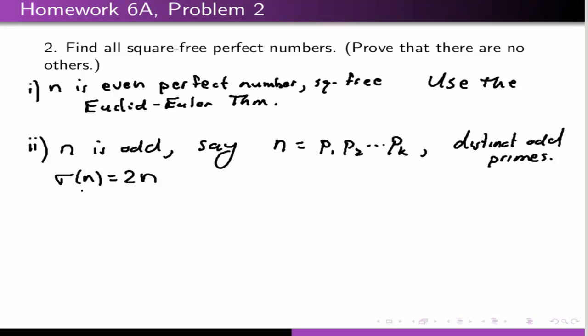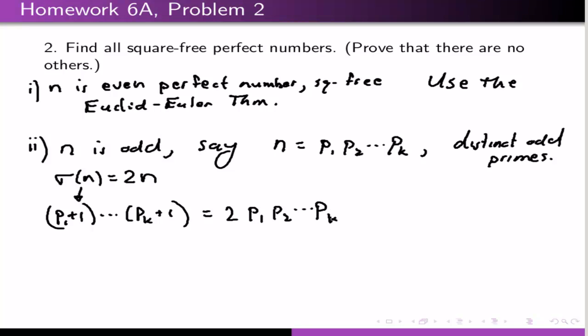So sigma of n, show that that is equal to this, and then n itself is just p1, p2, pk, and then show that this is impossible. This is 2 times a bunch of odd numbers over here, and then just think about evenness and oddness on the left-hand side, and that should lead you to some type of contradiction.